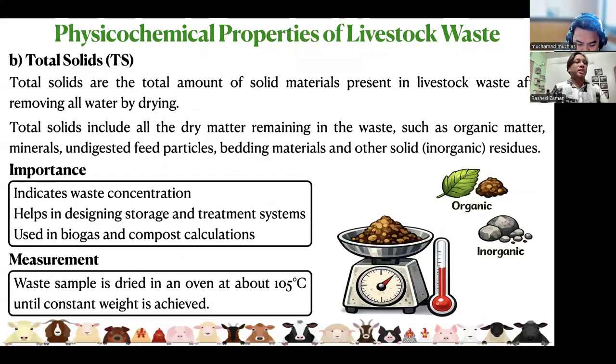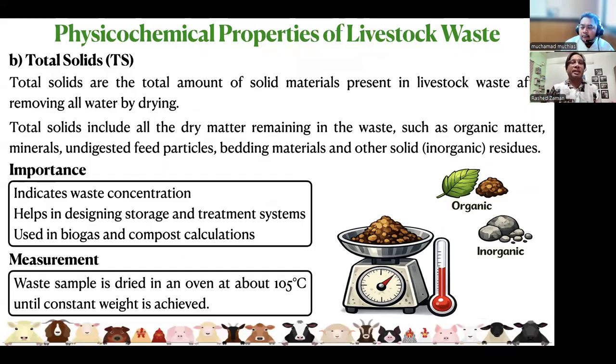Now we will go to the total solids. If we remove all the water content or moisture content from the waste, the remaining part is known as the total solids.